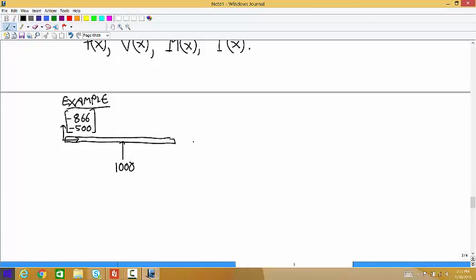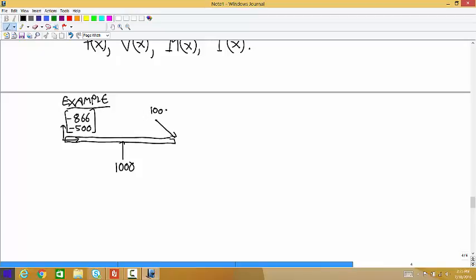And then at the right end, there is a force of 1,000. This angle must be 30 degrees. And there's also a torque at the end of 500.